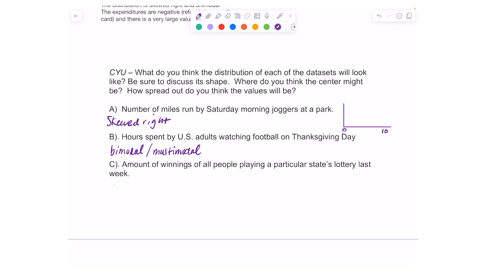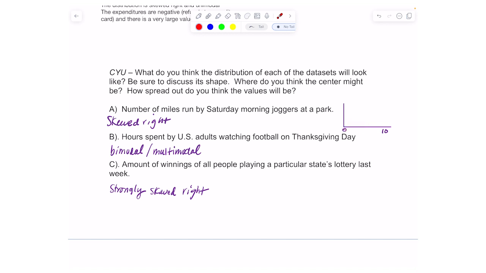The amount of winnings of all people playing a particular state's lottery last week. Well, if you're anything like me, you didn't win the lottery. And we would say that this is strongly skewed to the right. Okay, and the reason I'm using the adjective strongly is because it is very unlikely that someone won the lottery. There may be one person, right? And they're going to be the person all the way down at the end. Most people won $0.